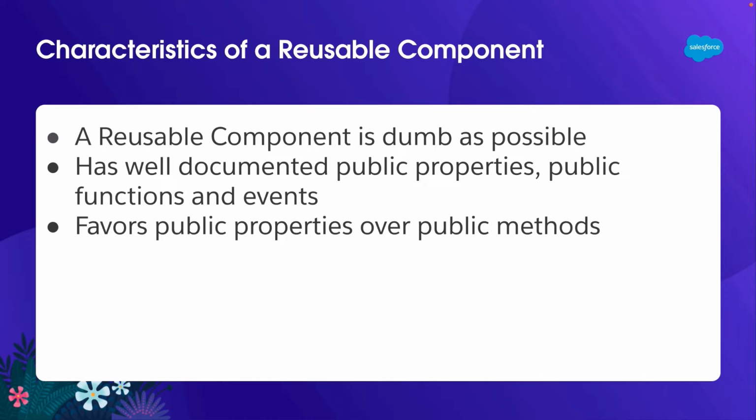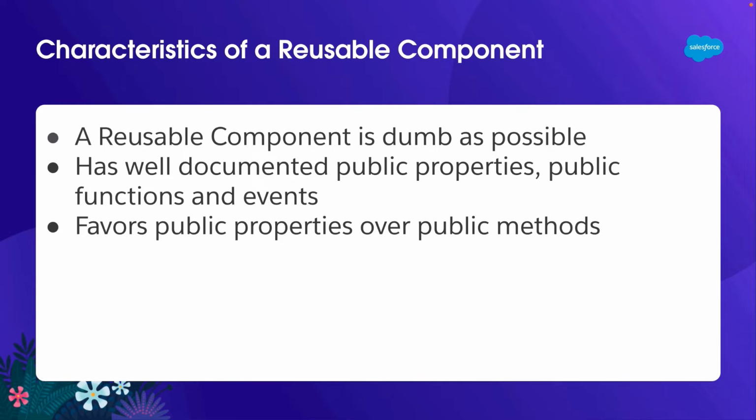The same functionality in public methods is not possible because you would have to call these methods again and again for reactivity. Properties by themselves make your component reactive, so you should prefer public properties over public methods.